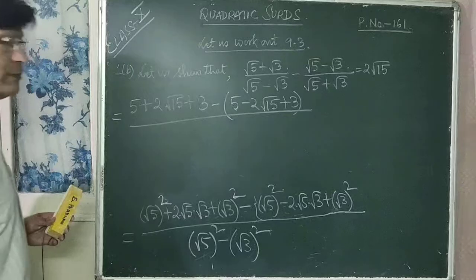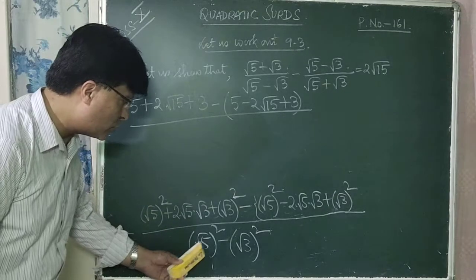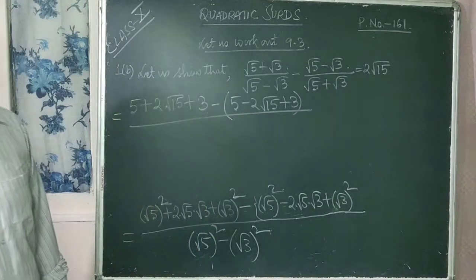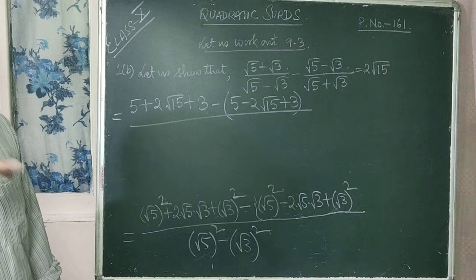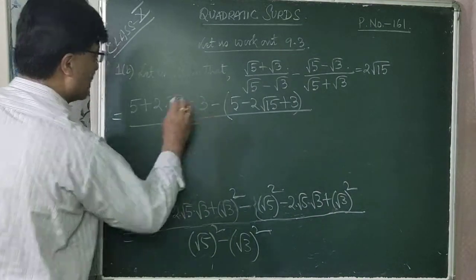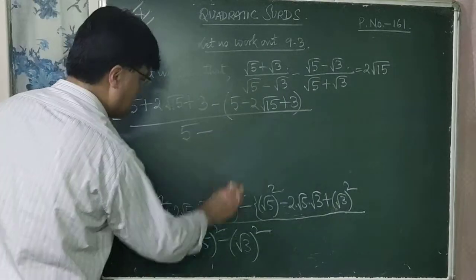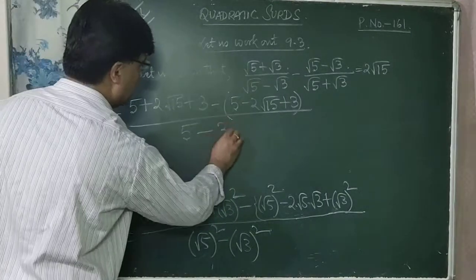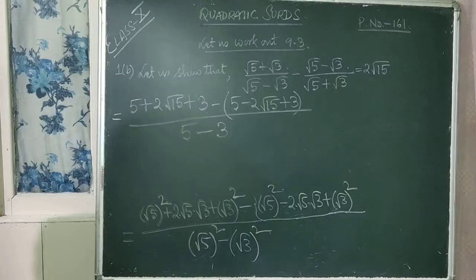Whole divided by. Now in the denominator, root 5 whole square. What is root 5 whole square? Root 5 into root 5 is root 25, which is equal to 5. That means you can remove the square root 5. Minus, similarly, what is root 3 whole square? It is only 3. Is that clear?